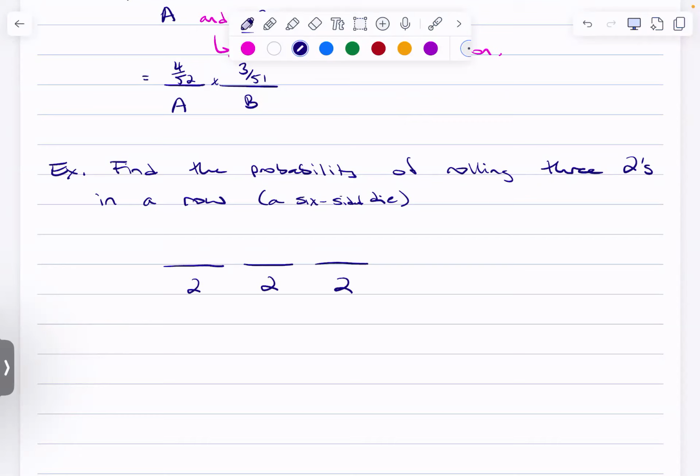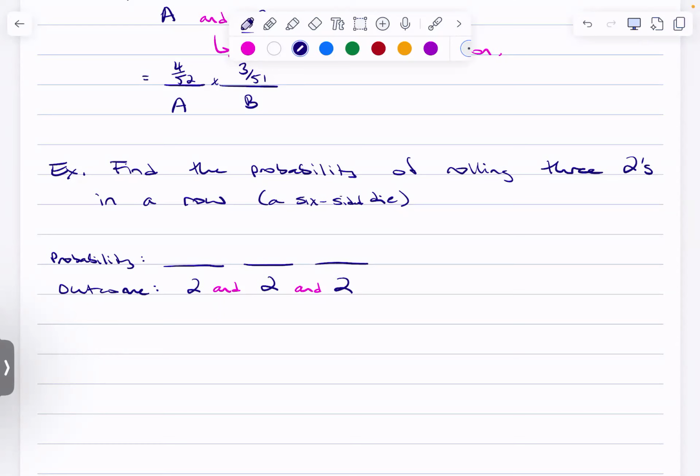Notice how you're saying "and" in between: a 2, and a 2, and a 2. Here, this is the outcome. I like to do the outcome below, and then the probability above.